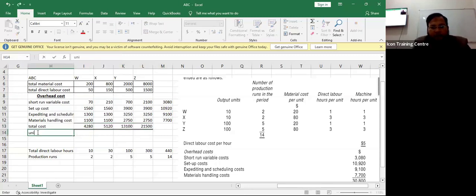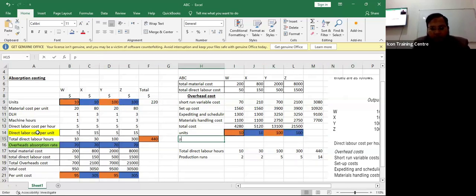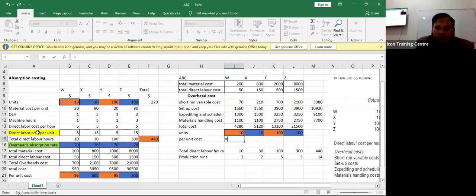And how many units have we produced? So the per unit cost will be this divided by this.